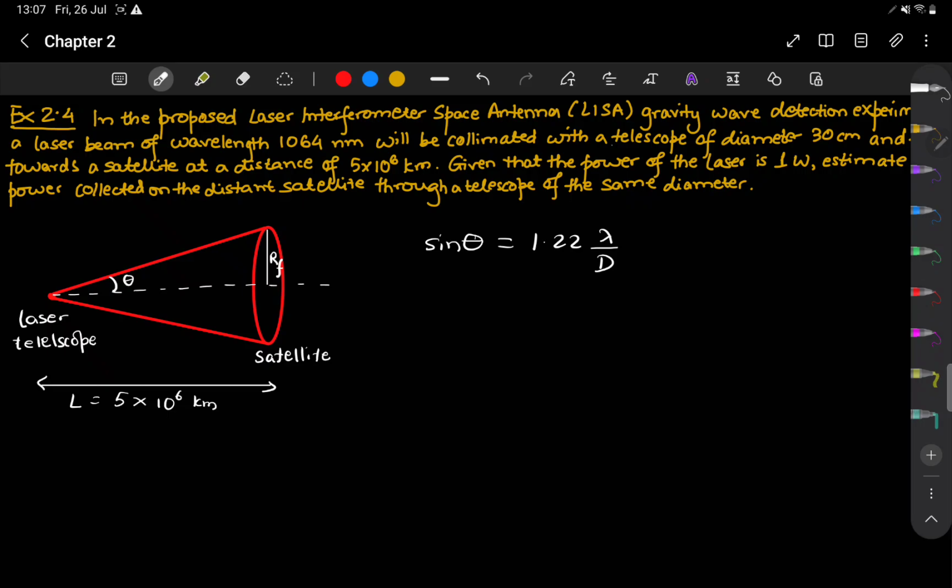Here we are using a telescope of diameter 30 centimeters. So for us, D is 30 centimeters and lambda is given to us, laser beam of wavelength 1064 nanometers.